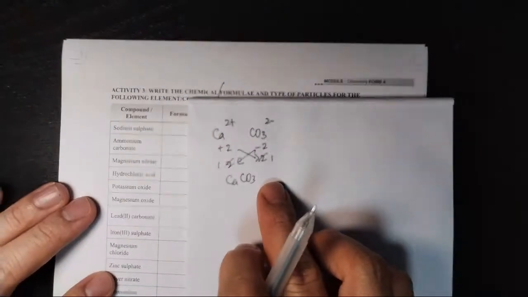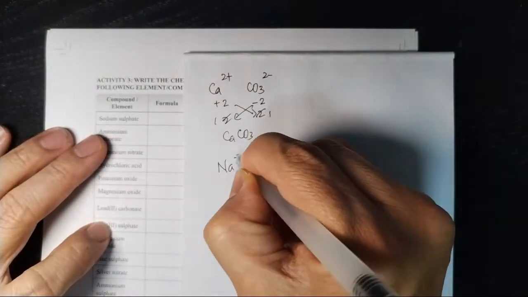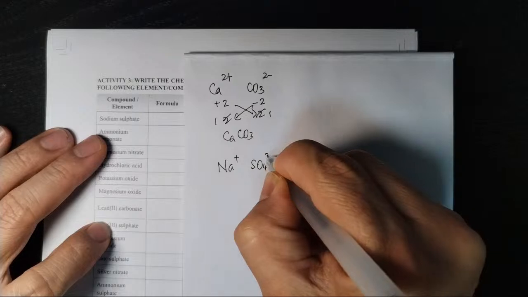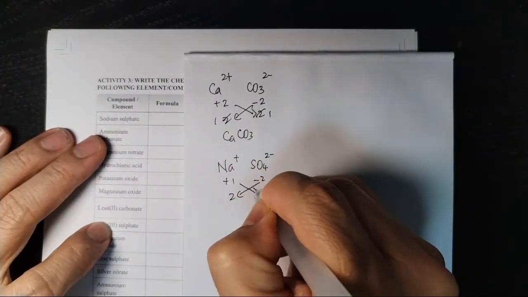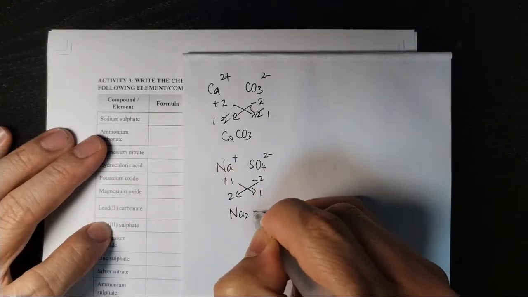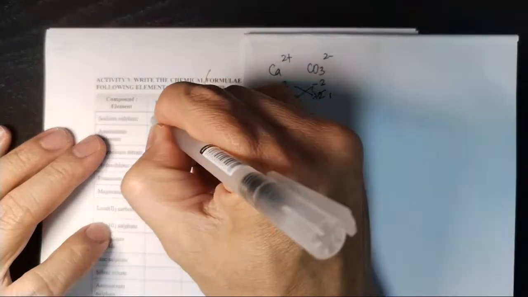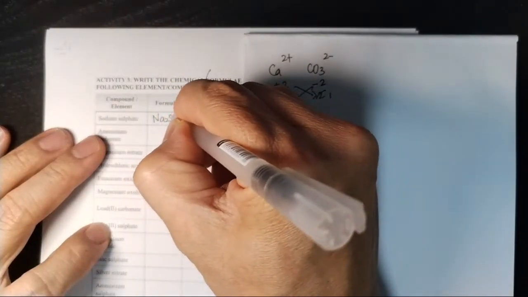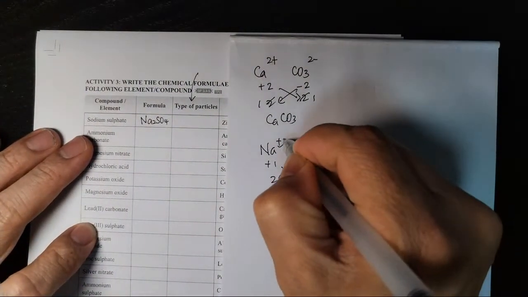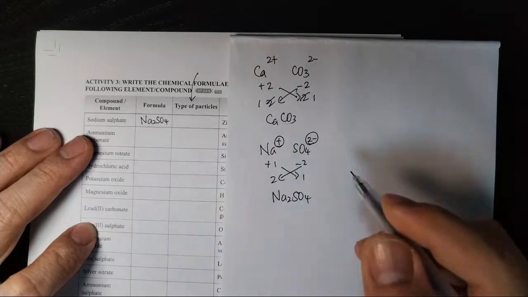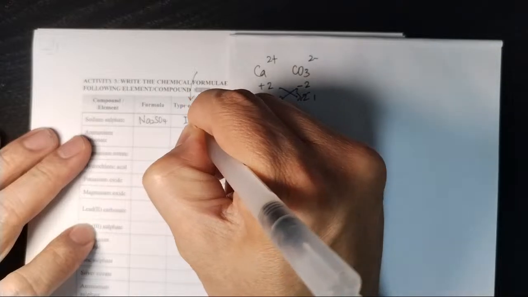Sodium sulfate: Na positive, sulfate SO4 2 negative, positive 1, negative 2, so 2, 1. So it's Na2SO4. Okay, so you see type of particles inside here. You see the positive and negative, right? Meaning that inside here the particles should be ions.